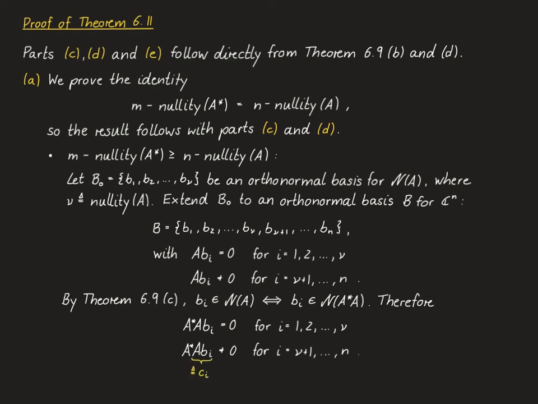Now we define the vectors ci as A bi for all indices i greater than or equal to nu plus 1. And we claim that this set of vectors ci is linearly independent. To show this, we take any linear combination of the vectors ci and put it equal to 0. What we need to show is that this implies that all of the scalars alpha i must be 0.